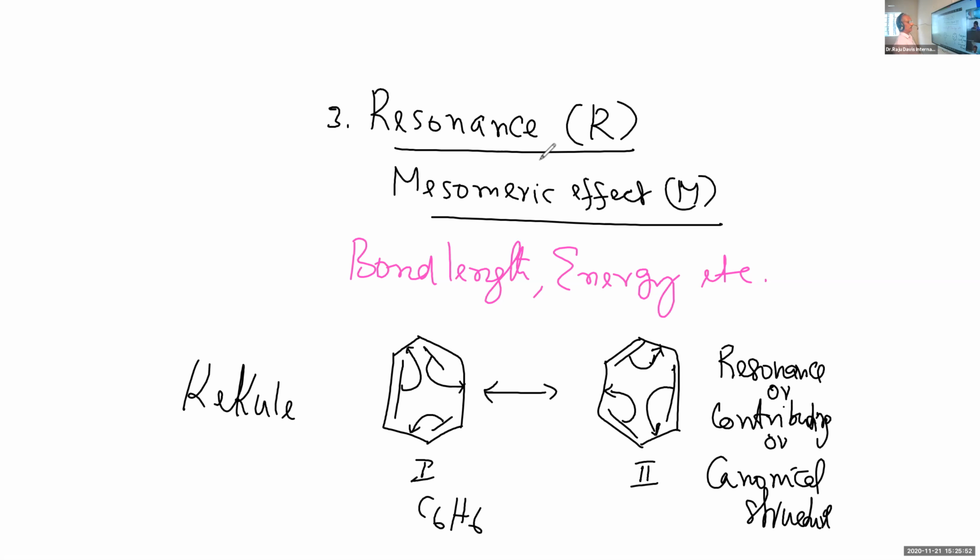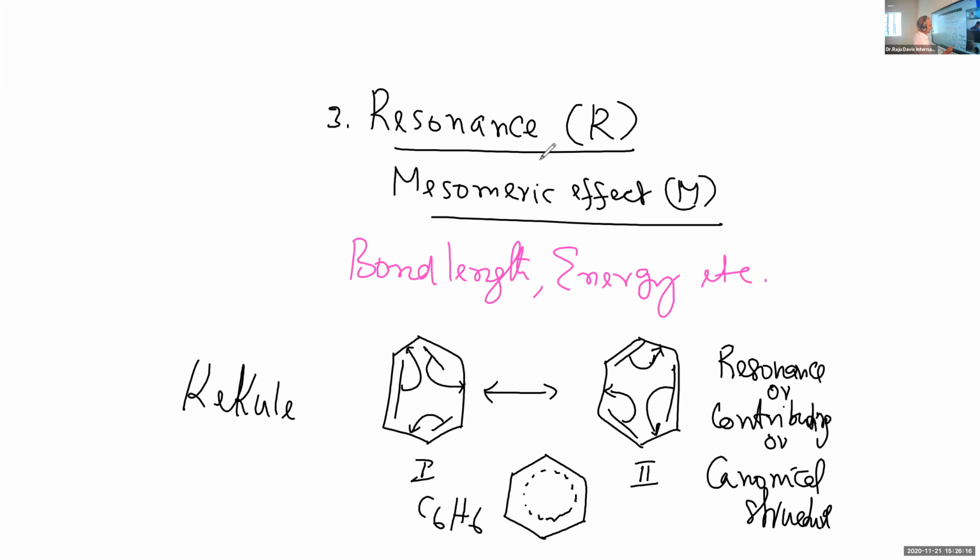So we cannot locate the position of the double bond and the single bond in benzene. It is something between these two. So the actual structure of benzene is something like this, between single bond and double bond.